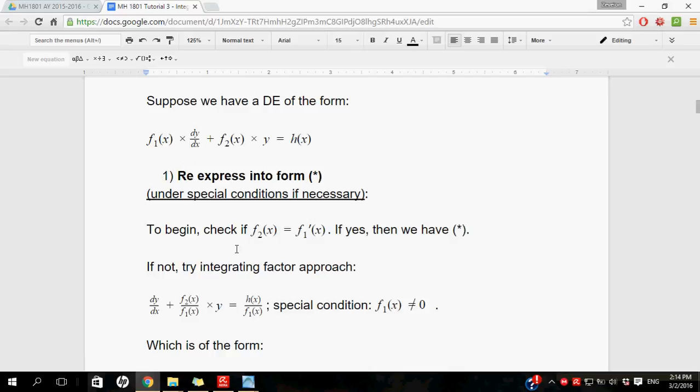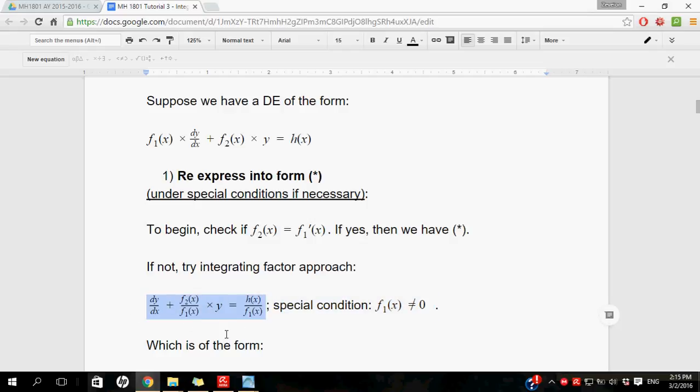So that is okay. If it is not in this form, then we shall try the integrating factor approach. We will have to use a special condition: f1 of x is not equal to 0. If this holds, then we can divide throughout our differential equation by f1 of x.